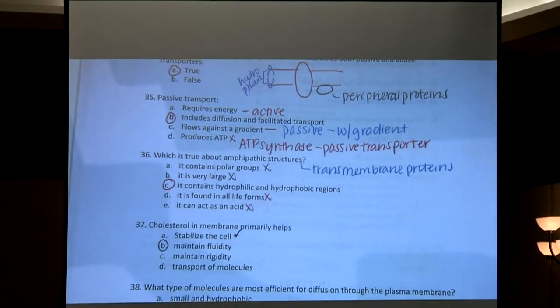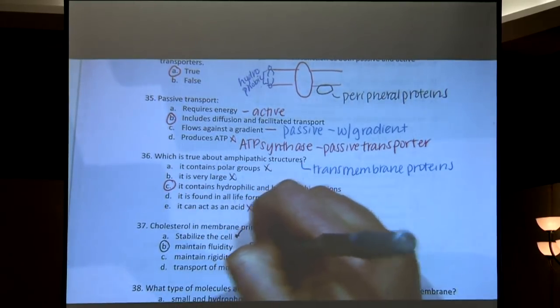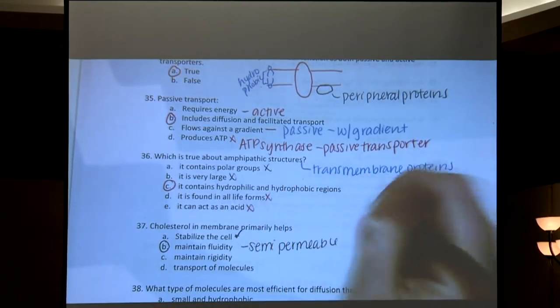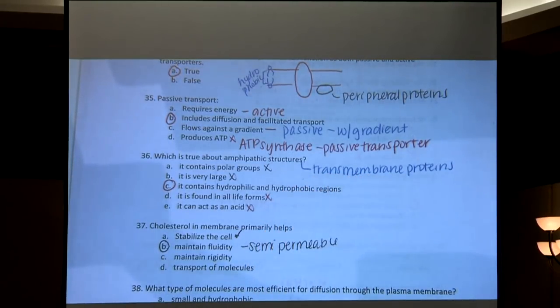It's going to help us have the semi-permeable aspects. So without the cholesterol, certain things may not be able to pass through, say certain ions, or in the case of water, certain things will not be able to simply diffuse through the membrane without it.